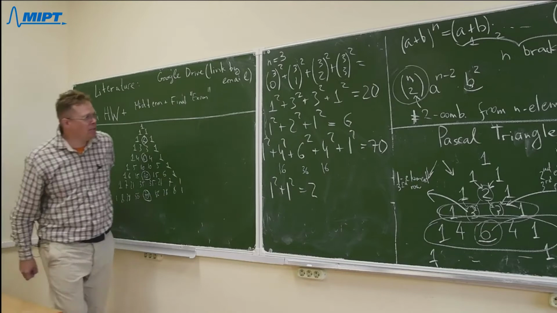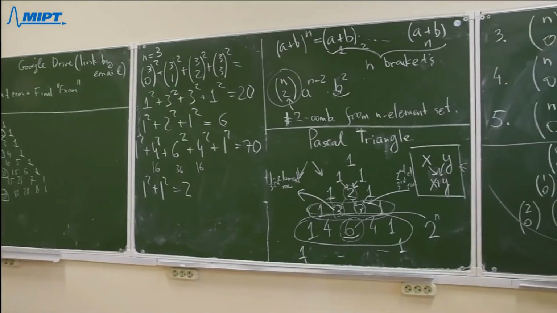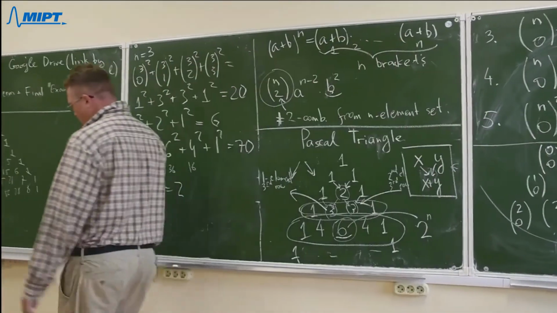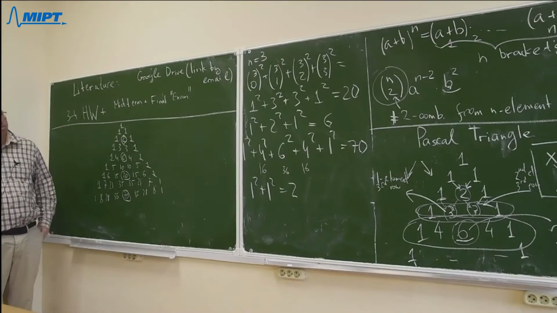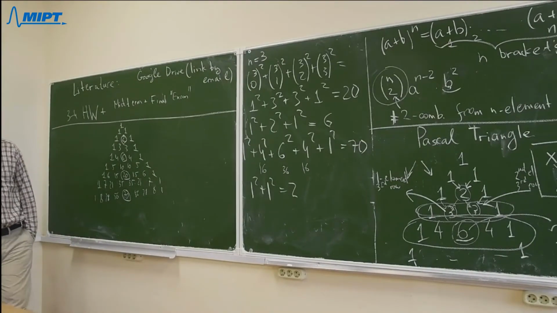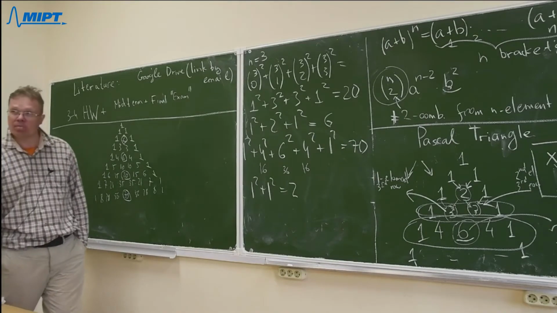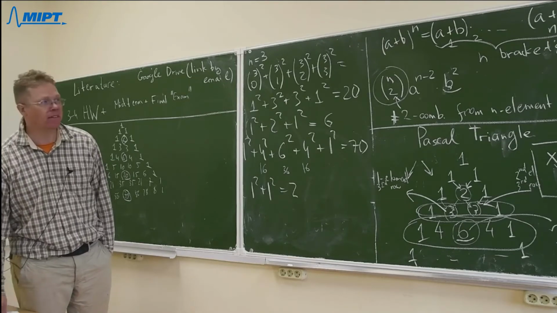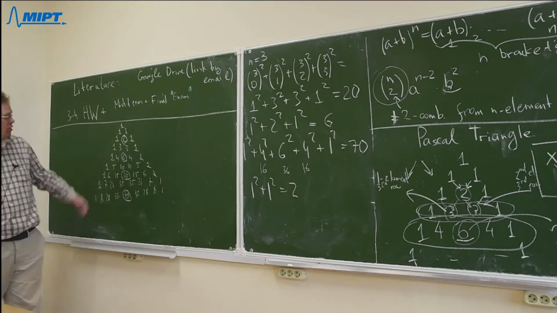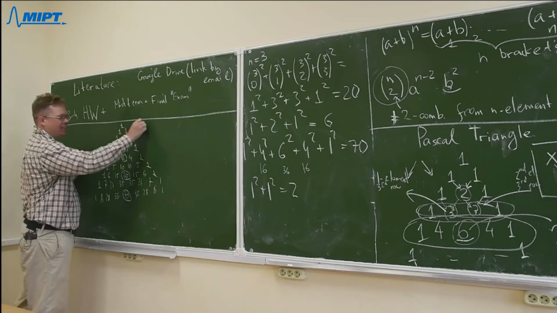So what do I need to write here? Which binomial coefficient do I need to write here? You can just calculate. So this is for n equal to 1.